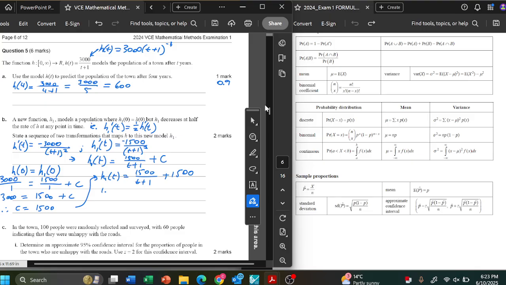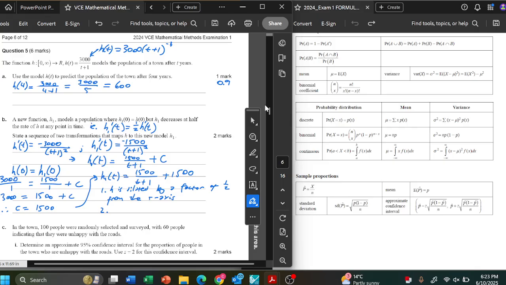We're going from 3,000 to 1,500, so that's a dilation factor of a half. So h is dilated by a factor of a half from the t-axis, or parallel to the h-axis. Or you can say in the h direction, they're all valid.